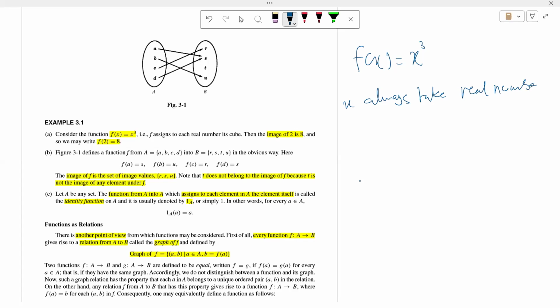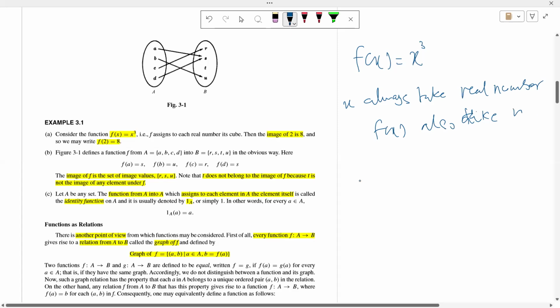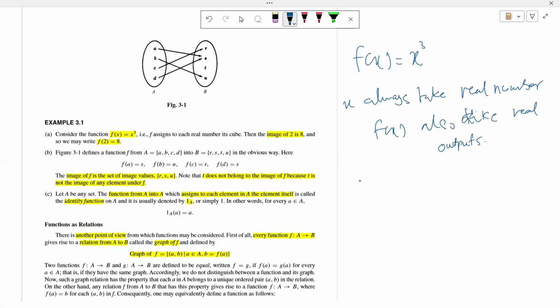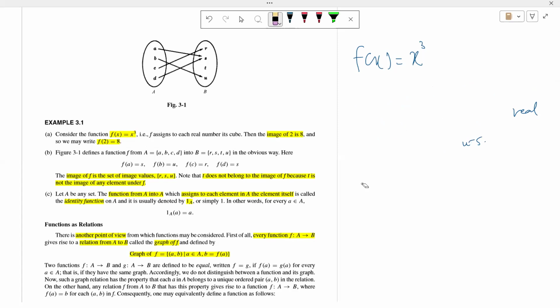Then the function f of x also gives a real number as output. That is a common thing. If your inputs are real, you always get the output as a real number. So f of x is x cube, that is a function.